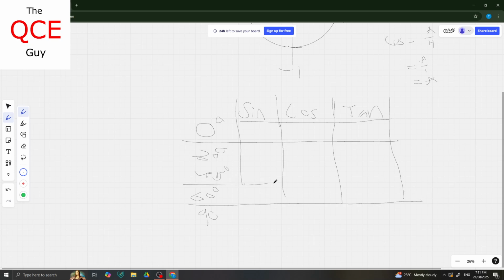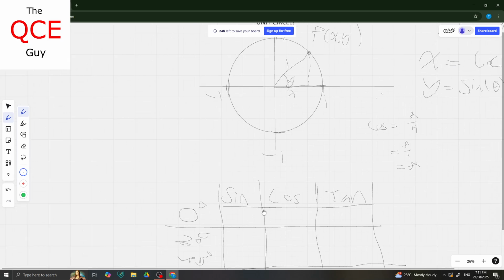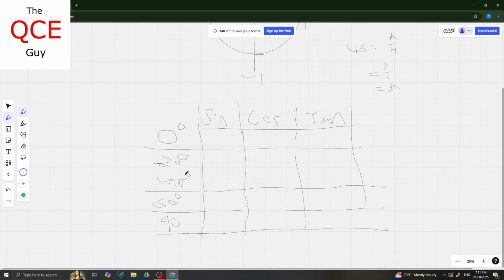So these are all the angles that really matter. But out of all of them, the most important ones that you should really know, because you can just look at the unit circle and get the value for 0 and for 90. For 0, you look there, and 90 obviously up there. But these other couple you should know.